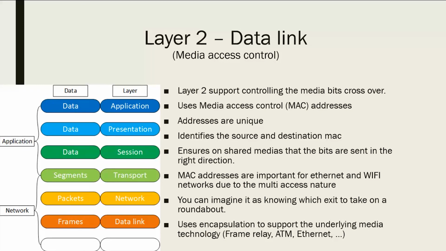And so this is really important where you have network segments with multiple devices connected. If you're connecting back to back, straight from my laptop directly into a specific device or into the router, a layer 3 enabled device, MAC addresses aren't really utilized.